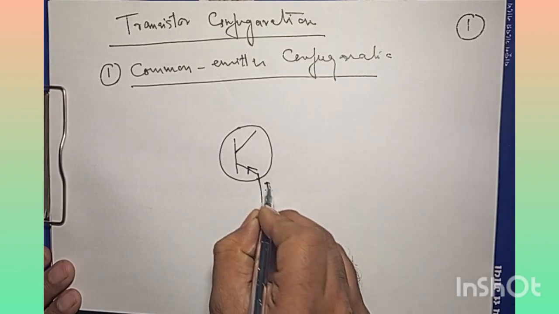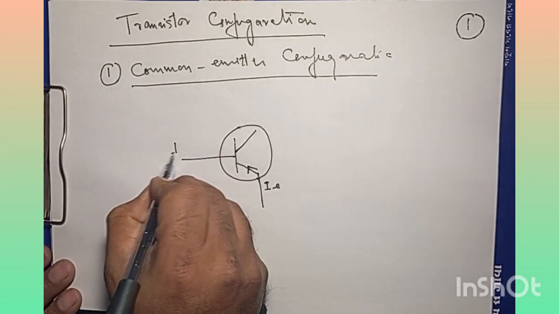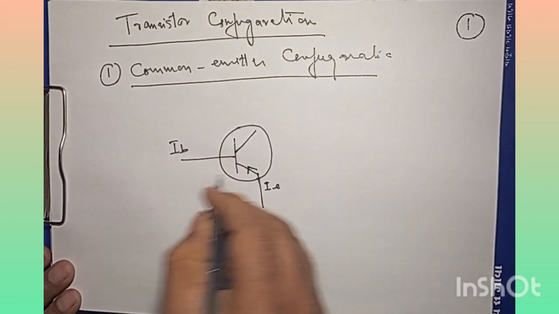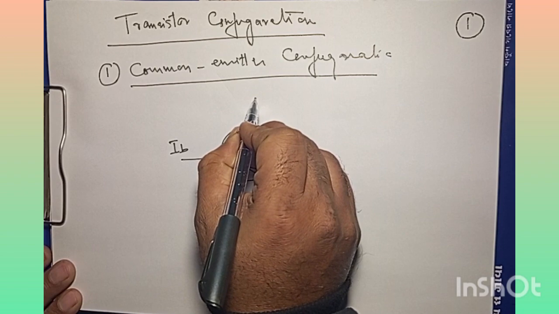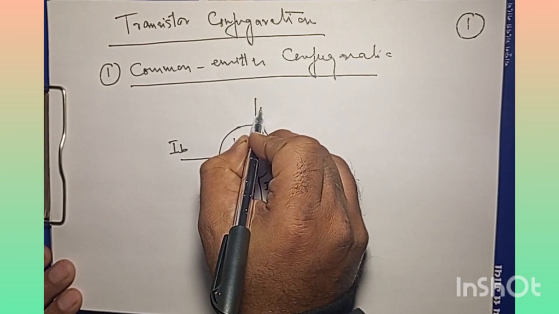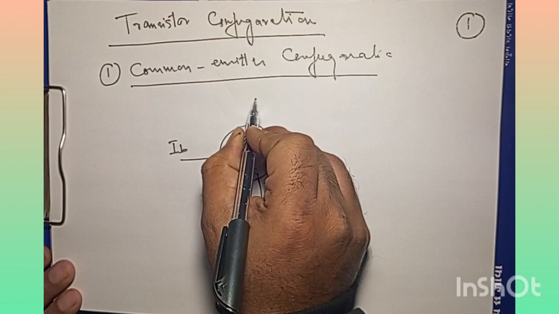So the current here will be emitter current, and this will be base. So the current here will be base current, and then here we will have the collector.